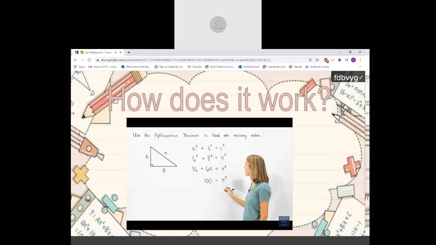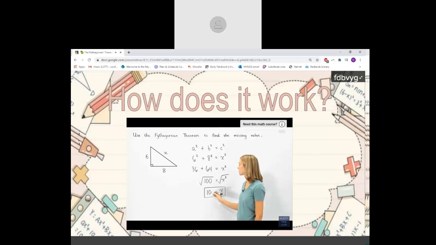Now to get x by itself, since x is squared, we take the square root of both sides of the equation. On the right, the square root of x squared is x. And on the left, since 100 is the perfect square 10 times 10, the square root of 100 is 10. So 10 equals x.